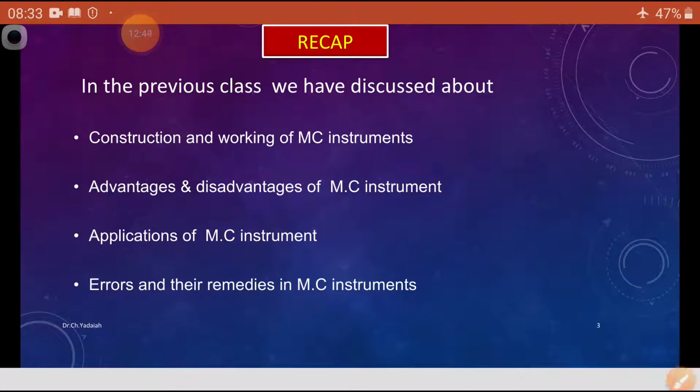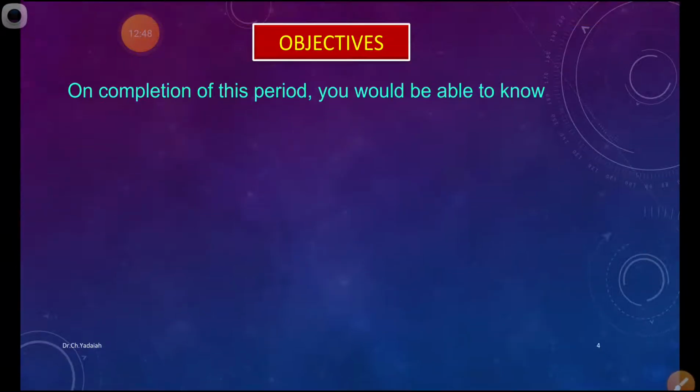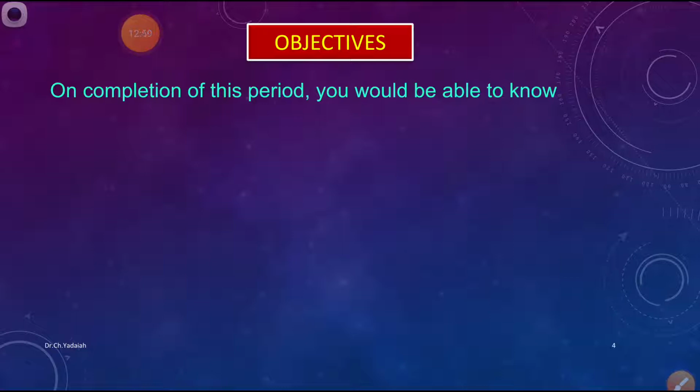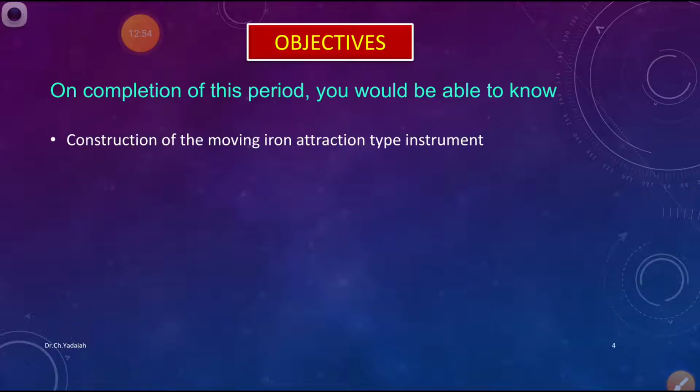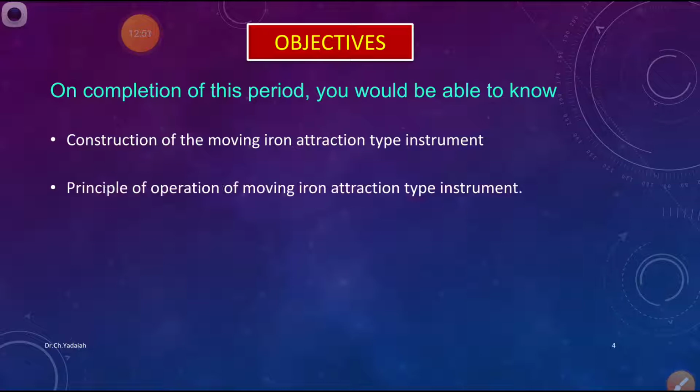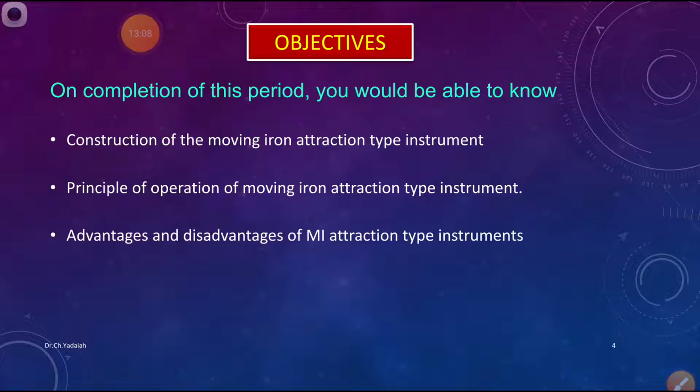Now, let us come to our topic, the objective. On completion of this period, you would be able to know the construction of the moving iron attraction type instrument, the principle of operation of the moving iron attraction type instrument, and the advantages and disadvantages of moving iron type instruments.